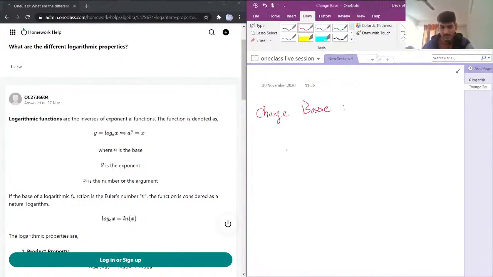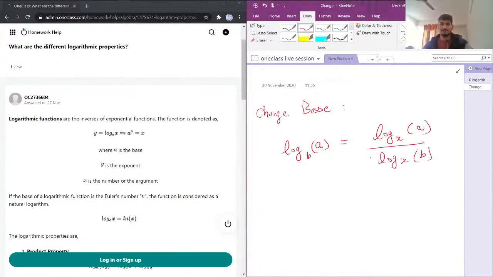So suppose we have log of x with base a, it equals log of x over log of a with the same base.